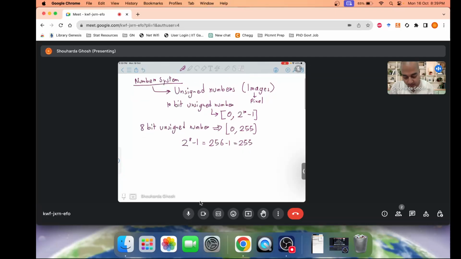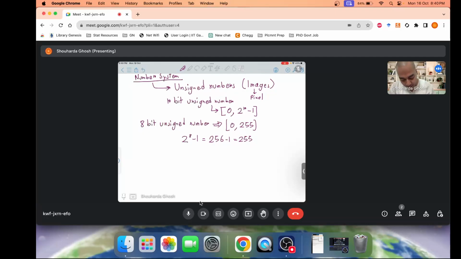And when you have unsigned numbers, in fact, if you look for papers on multipliers, you will see a lot of papers which deal with 8 cross 8 multipliers, where your inputs A as well as B are both 8-bit and unsigned.